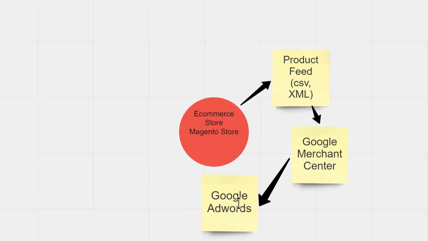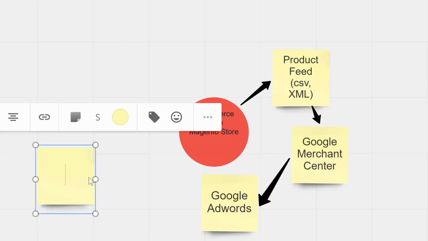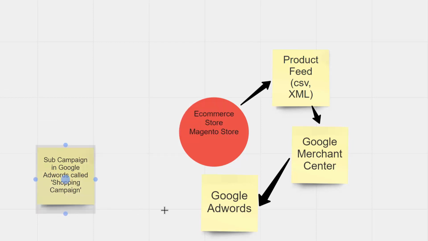Google Shopping is like a sub-campaign in Google AdWords called a shopping campaign. And that's really, in a nutshell, how it all works.